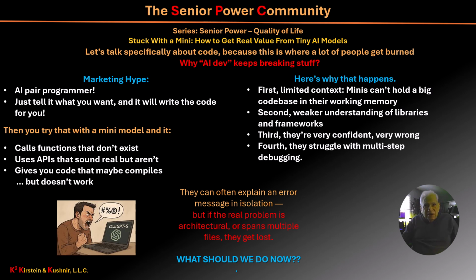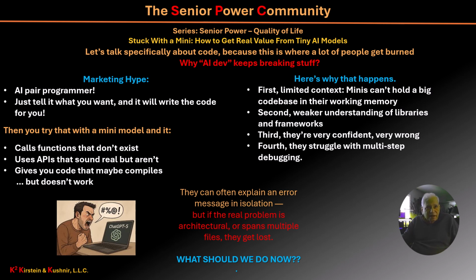Second, weaker understanding of libraries and frameworks. They're more likely actually to hallucinate method names, get arguments wrong, or mash up 2 different libraries by accident. Man, I've seen this. You'll see things like using a function from version 1 of a library with syntax from version 3, or calling methods that have never ever existed in any version.